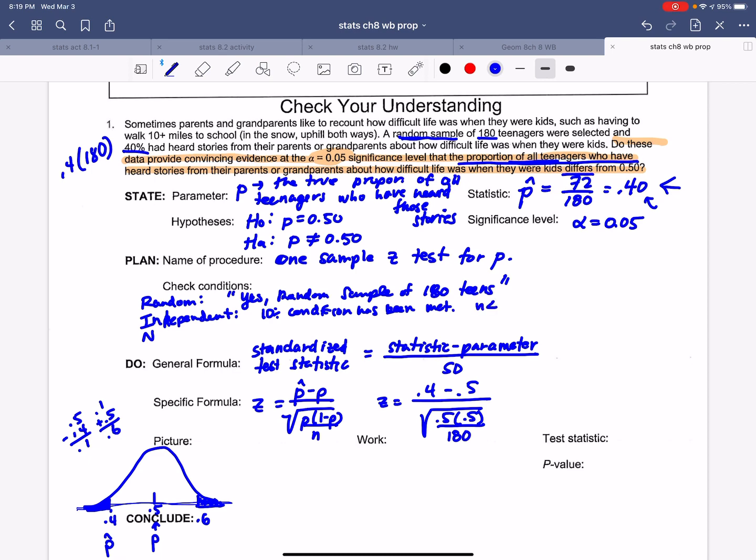Because n is less than 10% of big N. So 180 is less than 10% of millions of teens. So this means sampling without replacement will still be fine.